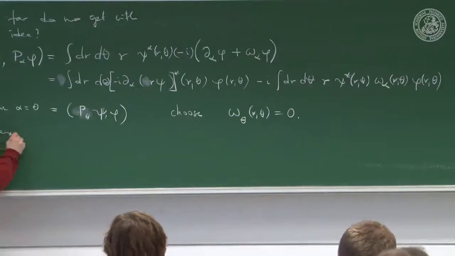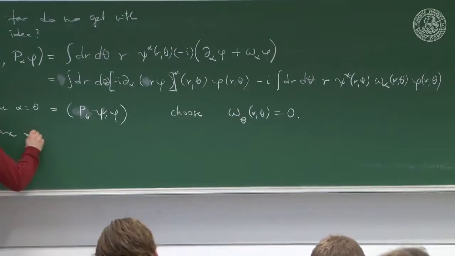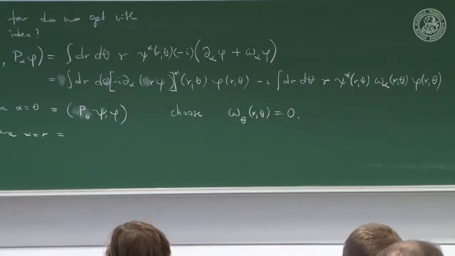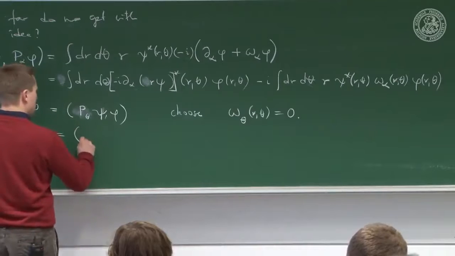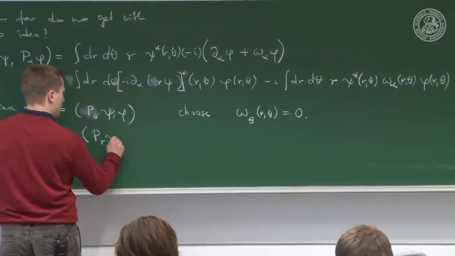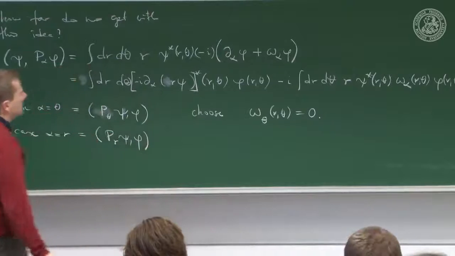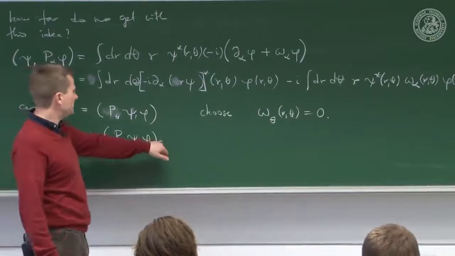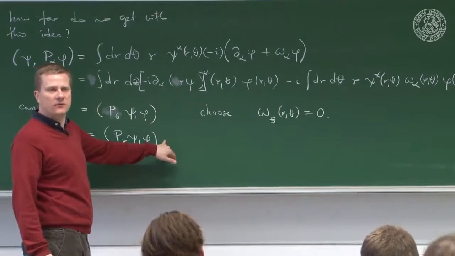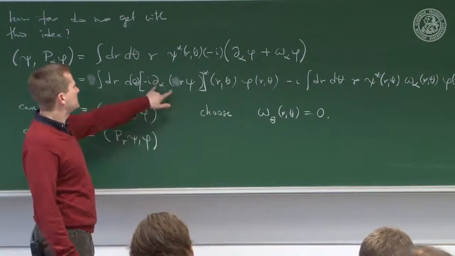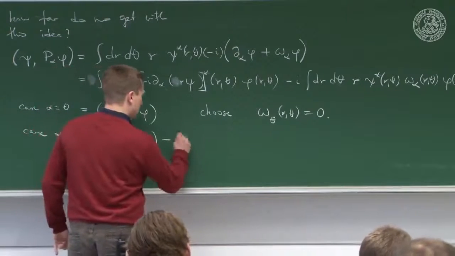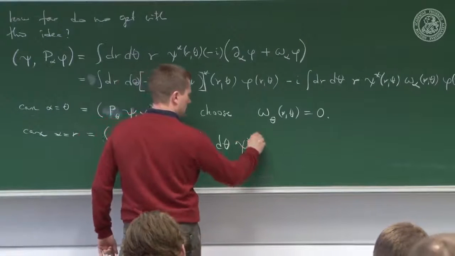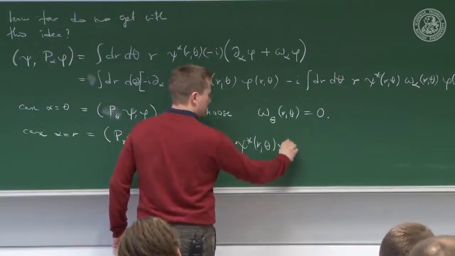But then we have the case alpha equals r, and then unfortunately I erased it, but you know this also gives you a P r psi comma phi, but there was a correction term, which maybe you could tell me again what the correction term was we had before for this. Minus I. Yeah. Exactly. Thank you. Yes, that was it.